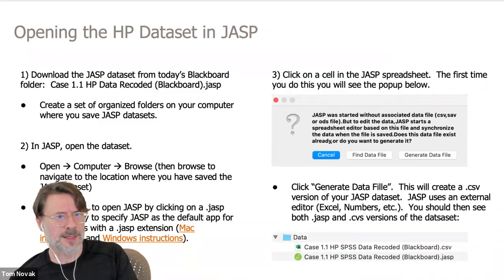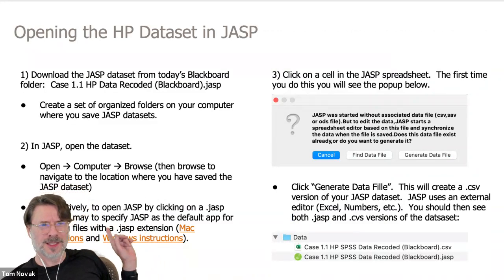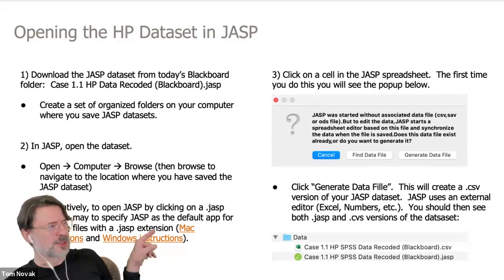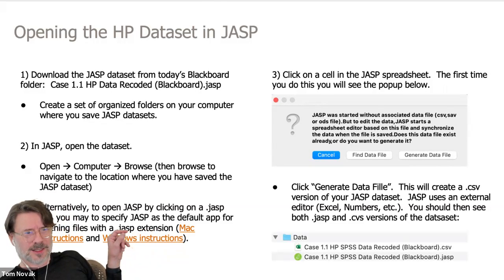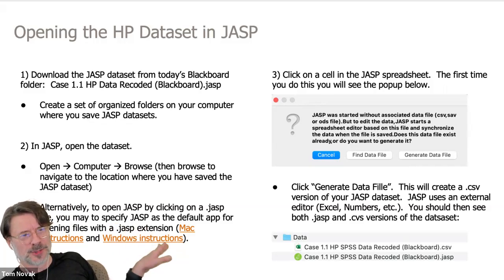Okay, so on the slide I'm on right now, is this what's happening? When you click it, do you get a number? It's under number 2 here. So if you're on a Mac or Windows, it may not necessarily know when you double click the JASP extension that it should open JASP. You have to associate it. If you try to go through this first thing, it should work. But I don't know if that's the problem you're having.